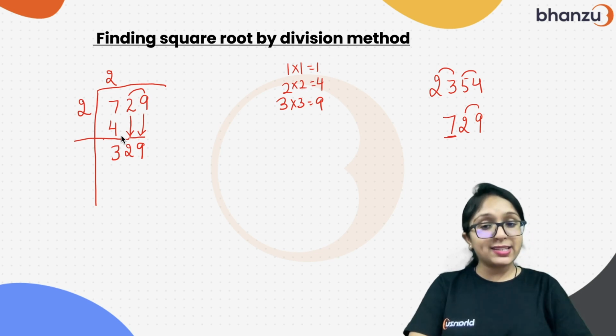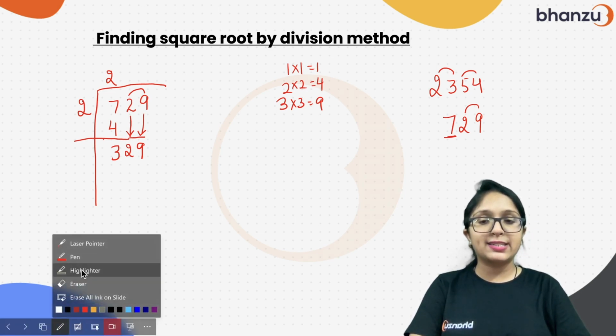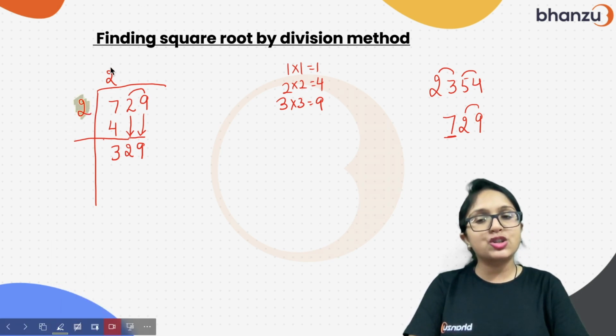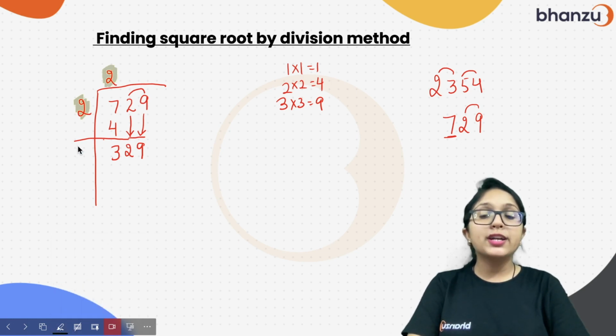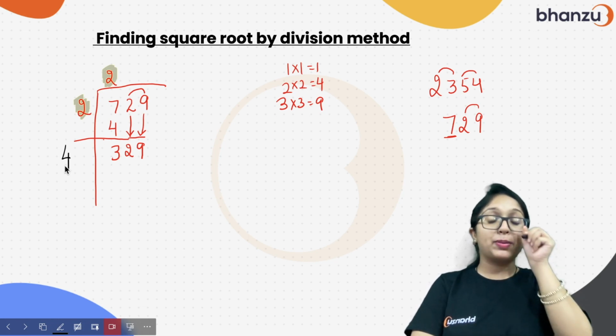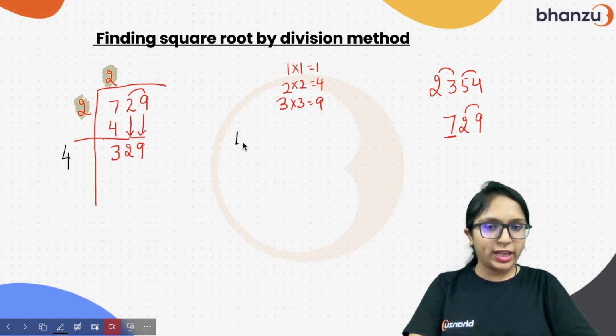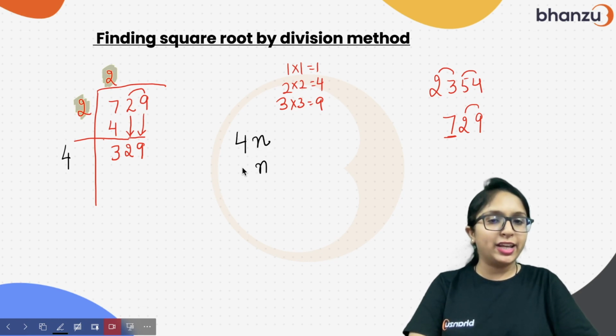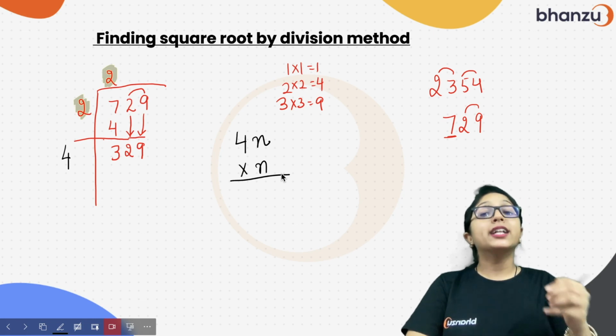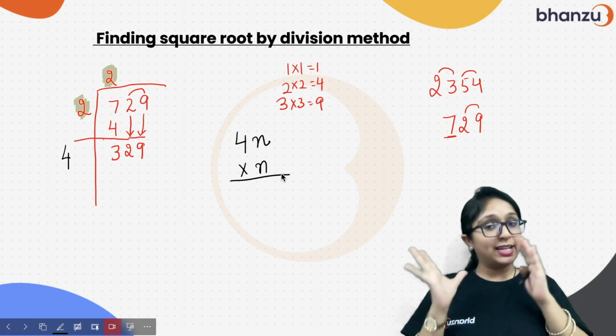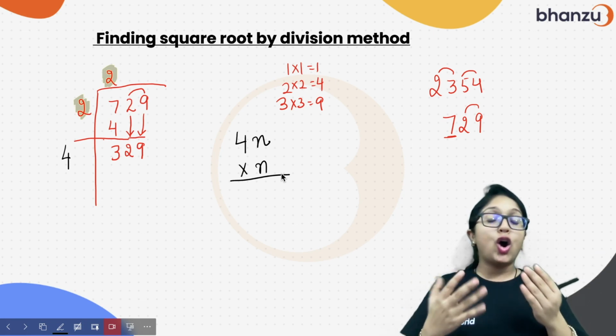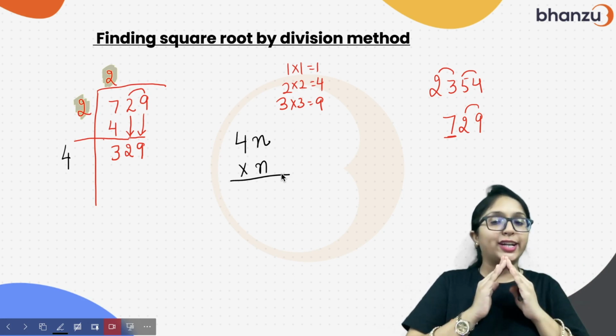Now the next step is, what do we do in the next step? We add this 2 and this 2. So 2 plus 2 is what? 4. So let me write 4 over here. Now what is the next step? Now you need to keep 4 here and then you need to choose the same number here, and when you multiply, the answer should be either less than 329 or it should be equal to 329.